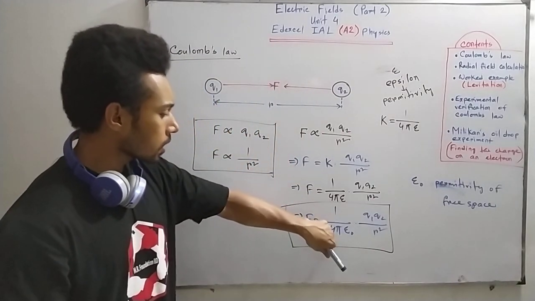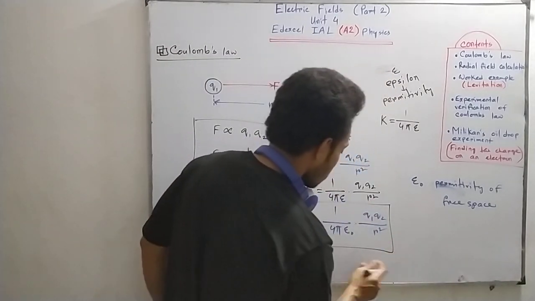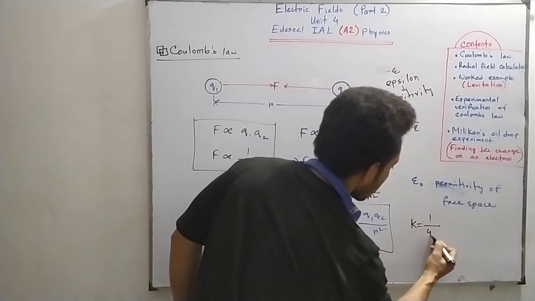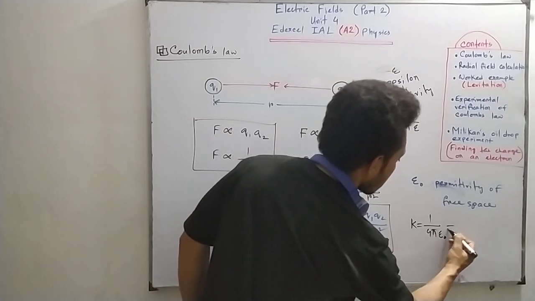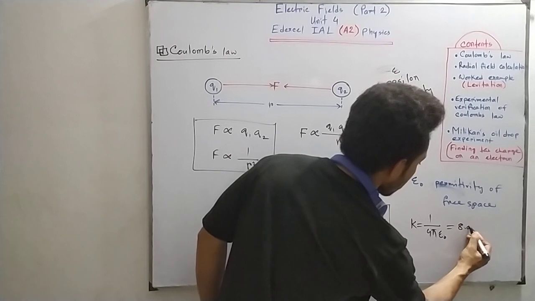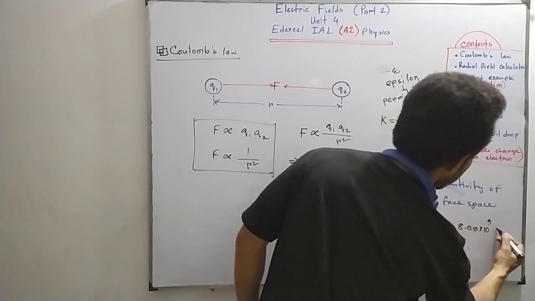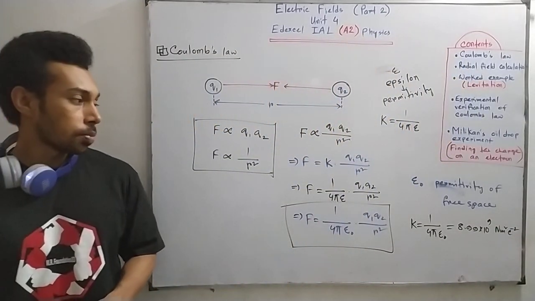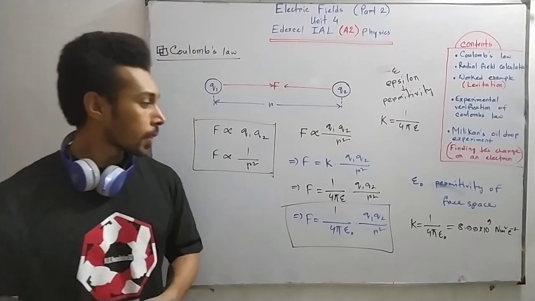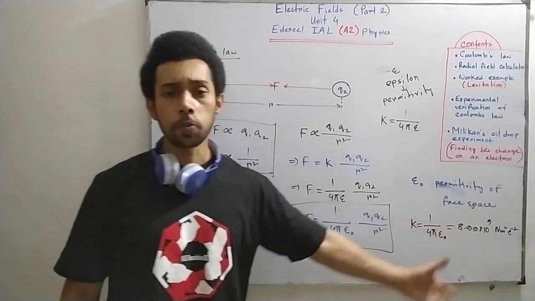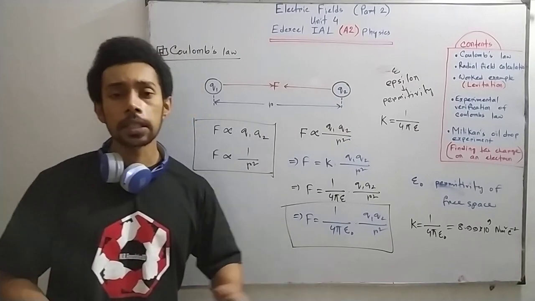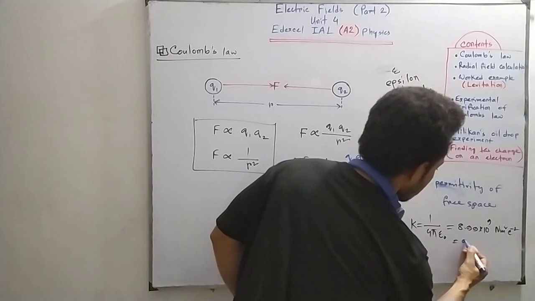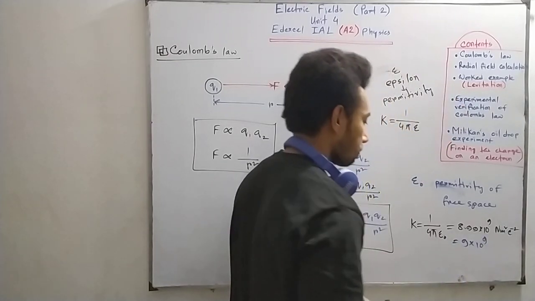And this is a constant: K, when it is 1 by 4 pi epsilon naught, is equal to 8.99 into 10 to the power 9 Newton meter square per Coulomb square for free space. In your Edexcel IAL syllabus, you will consider this, and you can also write it simply as 9 into 10 to the power 9.